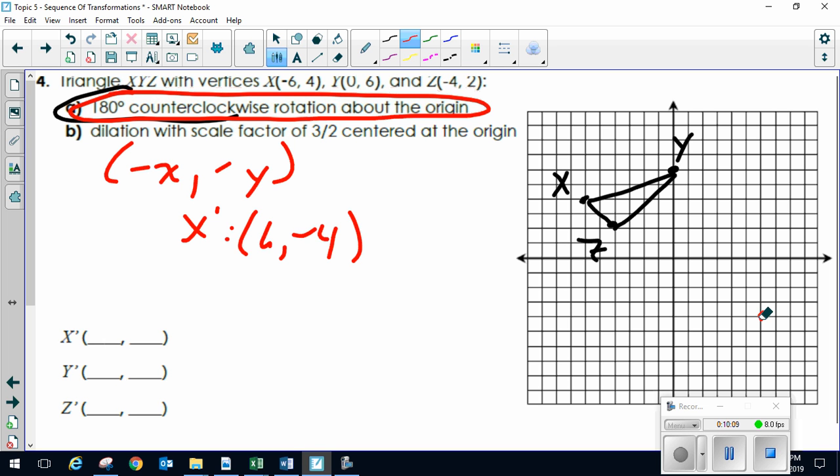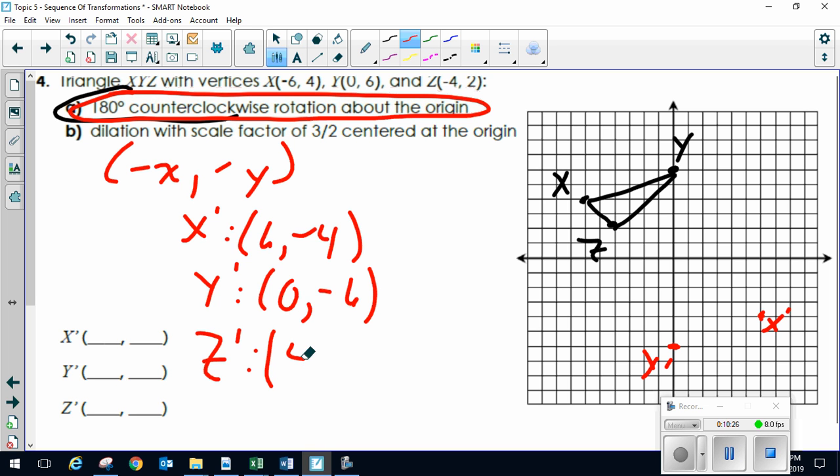Right here. Y prime would be at 0, comma, negative 6. And Z prime would be at positive 4, negative 2.